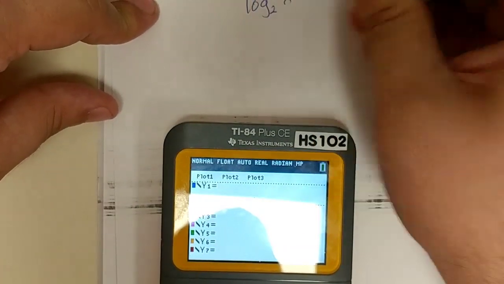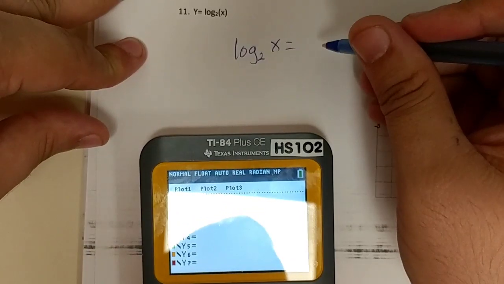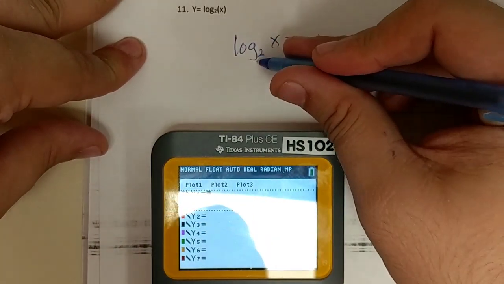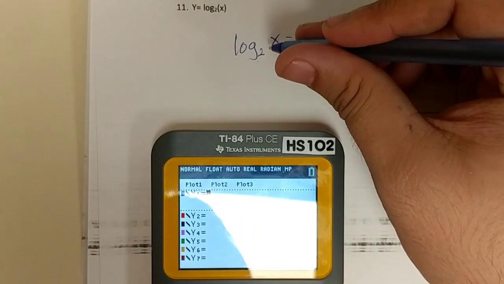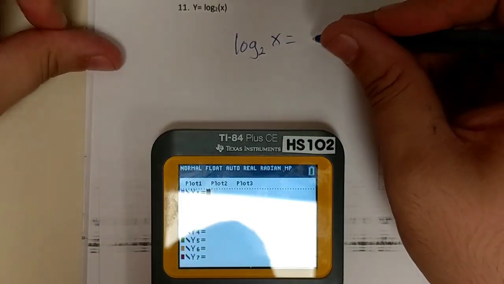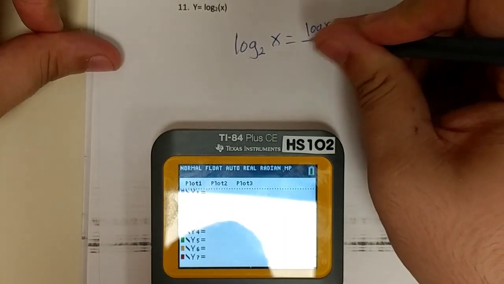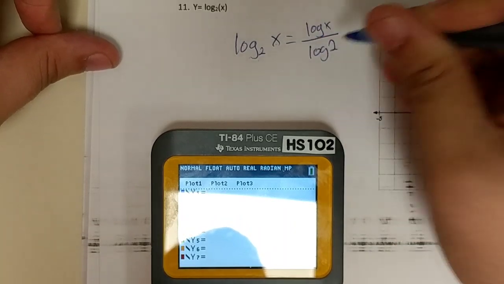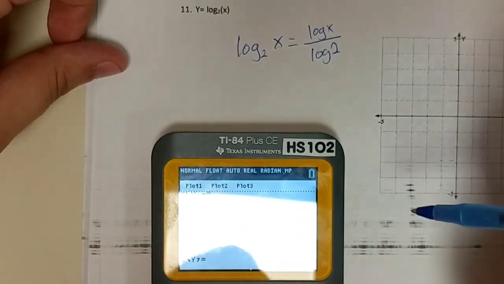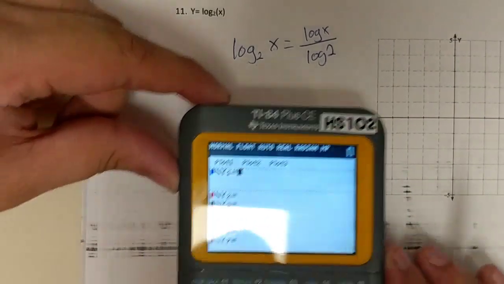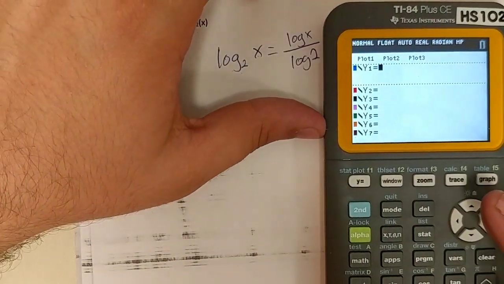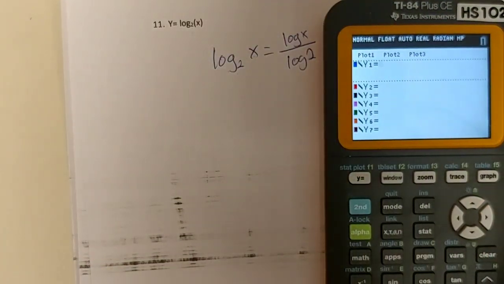Log base 2 of x is the same thing as log of x over log of 2. Now you could do that with any number, just like I did on the previous pages.